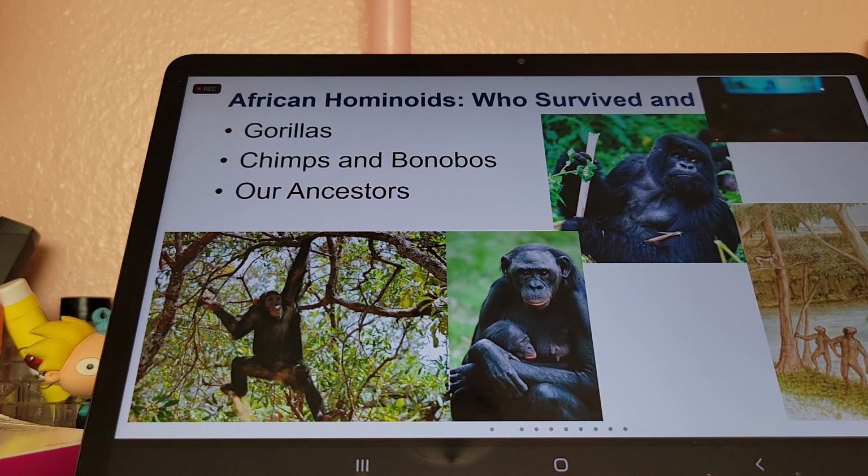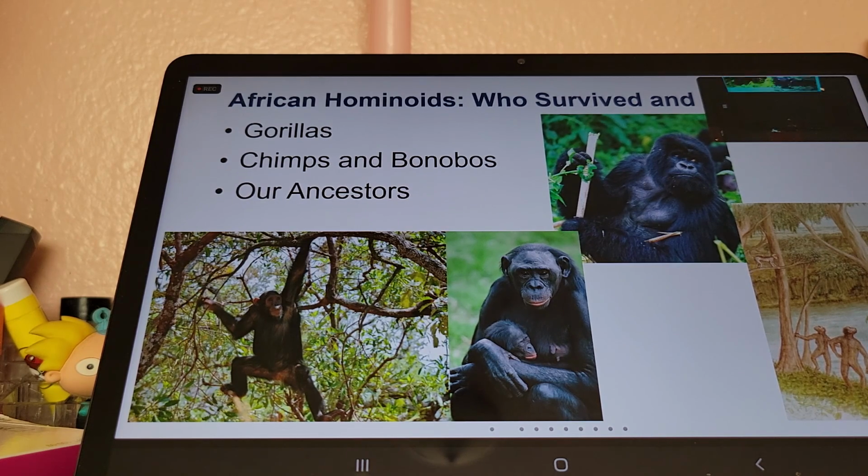Monkeys are highly adaptable, able to utilize a wide range of resources and so on. Monkeys do, but what about the hominoids? What about the apes? We know that the ancestors of the gorillas survived, the ancestors of chimps and bonobos survived, and our ancestors survived. How did they do that?